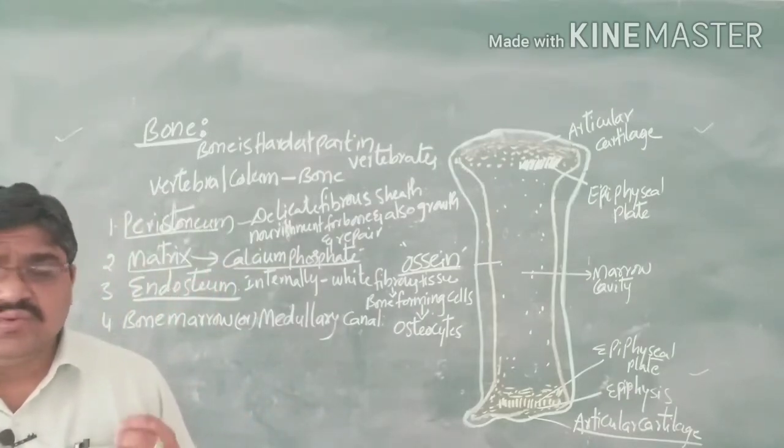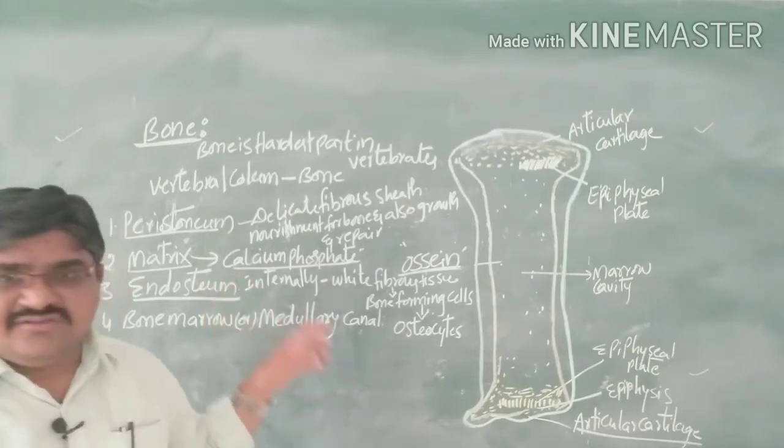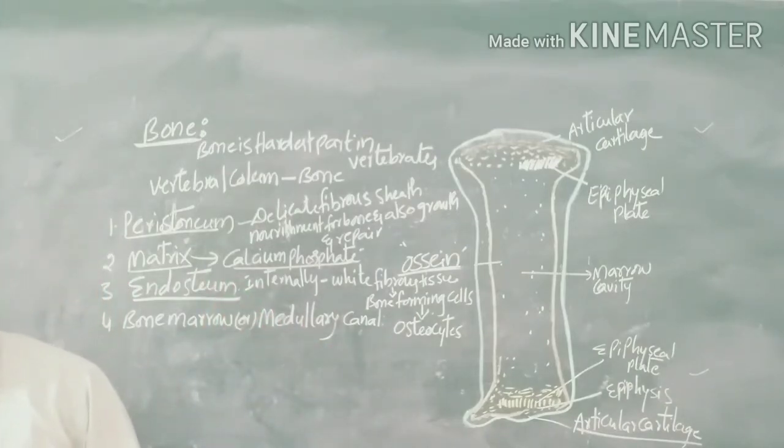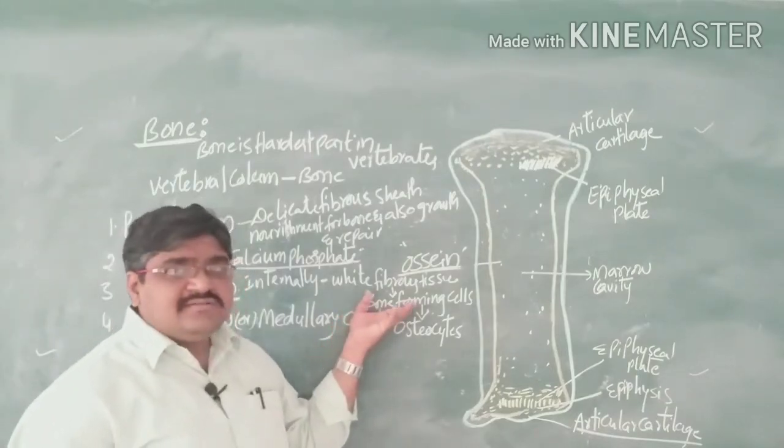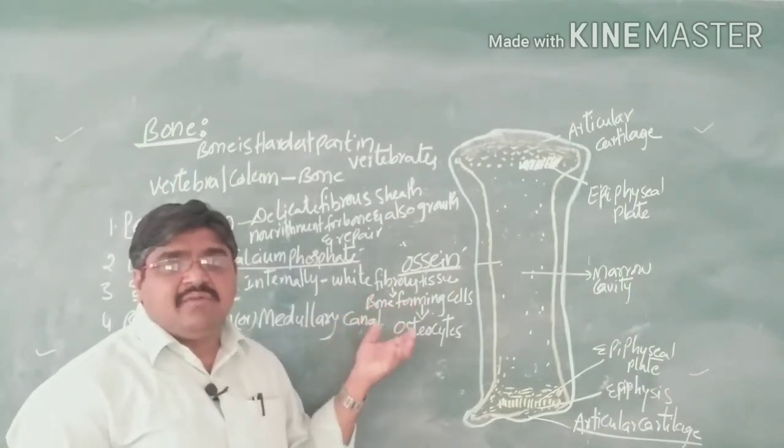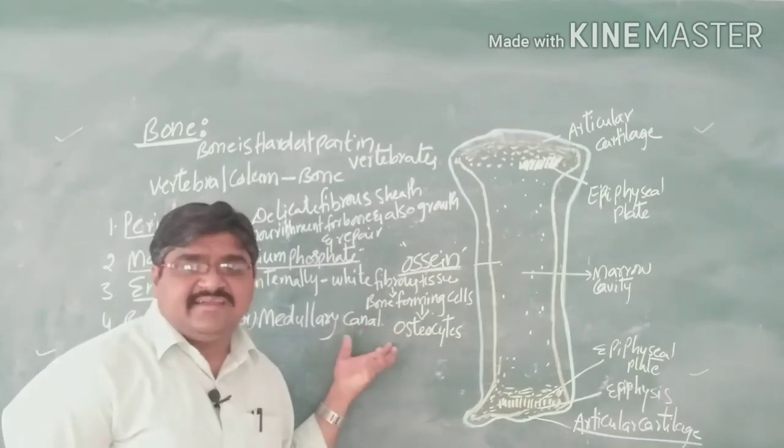So these bone forming cells produce the bone cells, which are formed as osteocytes.